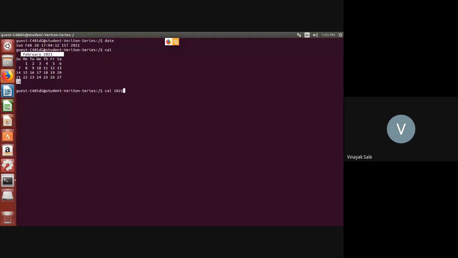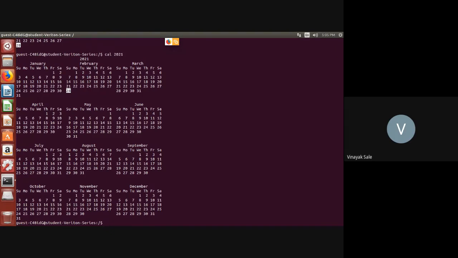Suppose I want to see the present year's calendar, then it shows like this. And in that also, here 28 is bold in the month of February, that is it shows the present date.